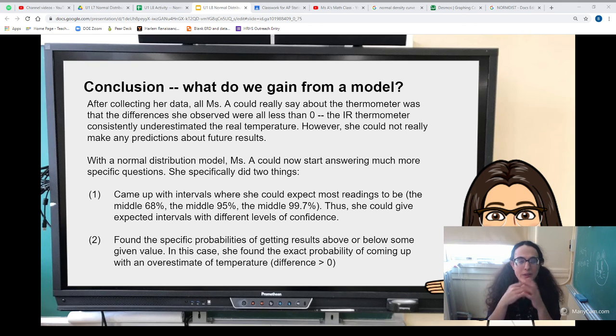So we get to find these really nice exact probabilities of getting different kinds of results, especially results that we did not get in our original data. If I'm looking at my original data, I did not get a single overestimate.